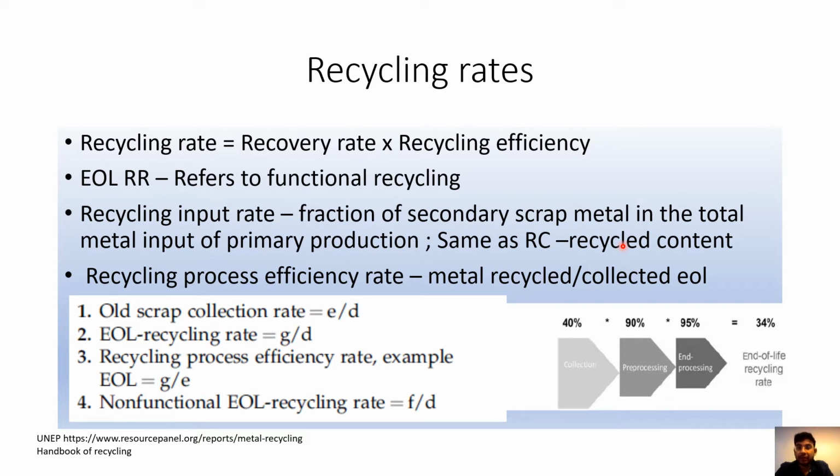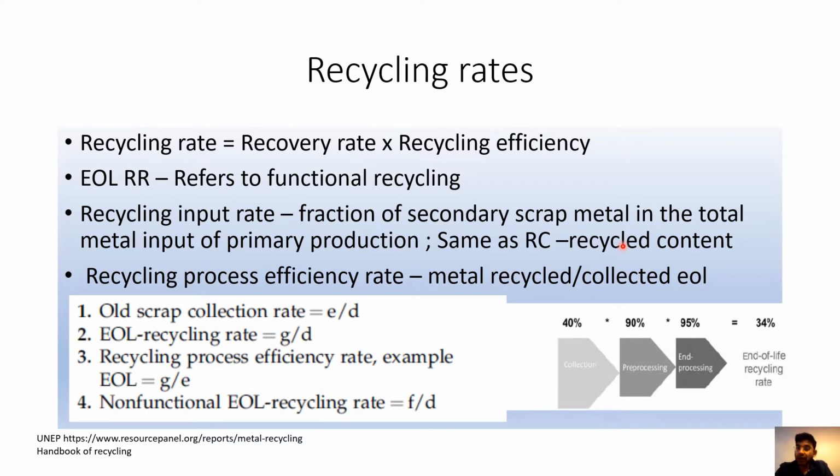That means the recycled content is 100%. So the fraction of input that is coming from secondary resources is the representation of recycled content. So if you say it's 50%, then it means half of it is coming from secondary resources and half of the metal that is produced is coming from primary metal production. So that's really an important terminology.